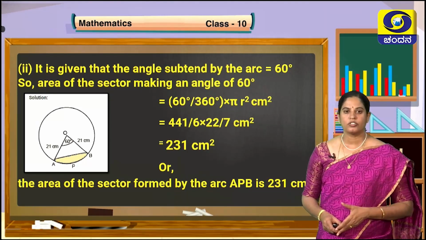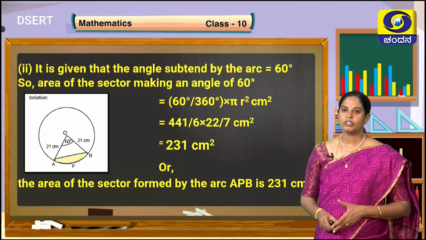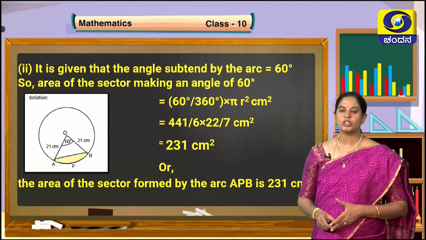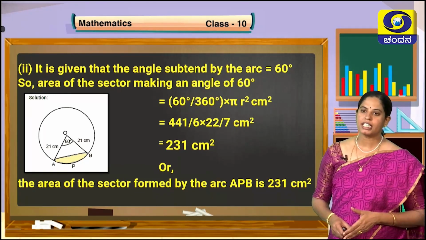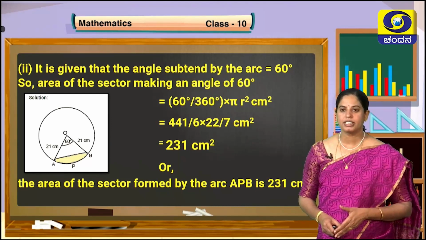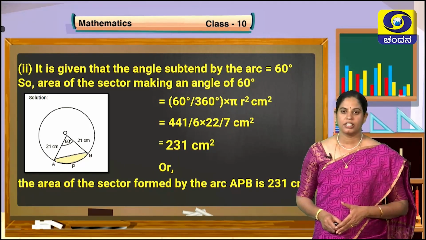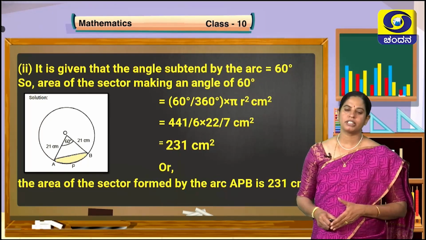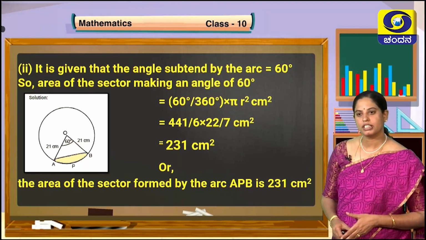So first we write the formula related to area of sector, then we substitute the values, the measurement of theta as well as the measurement of radius, then we do simplification, we do cancellation, then we multiply the remaining numbers, we get the answer, that is 231 centimeter square.